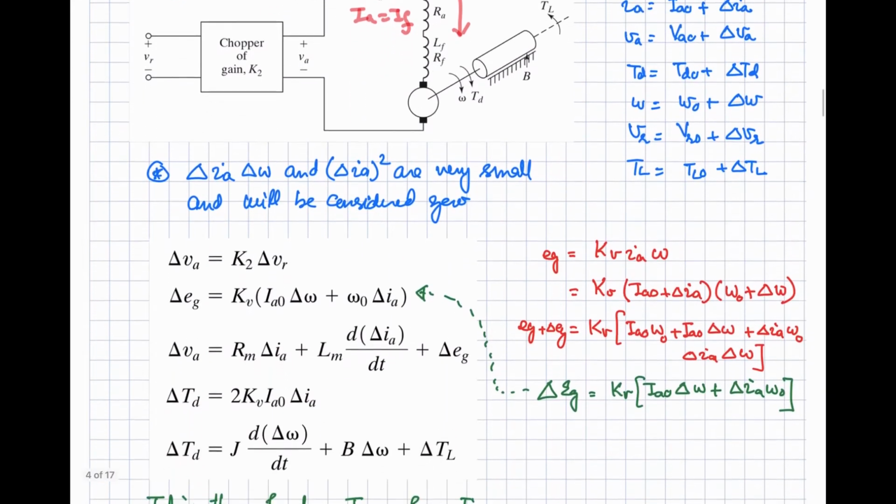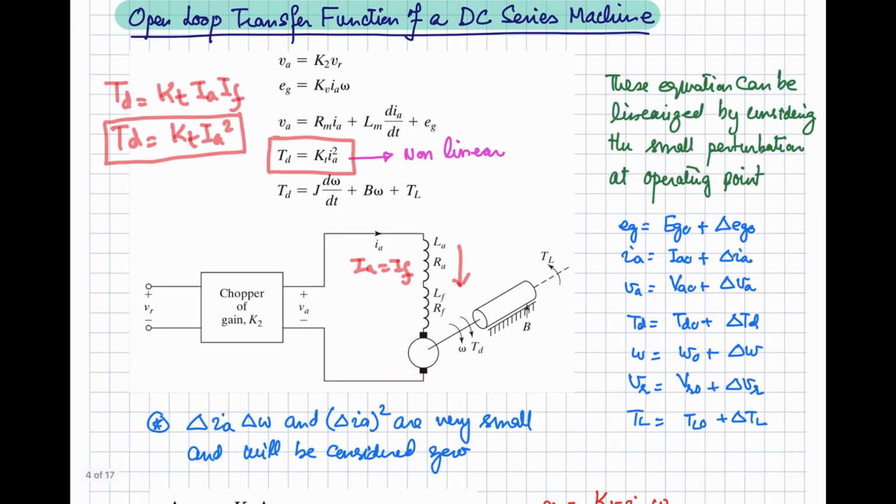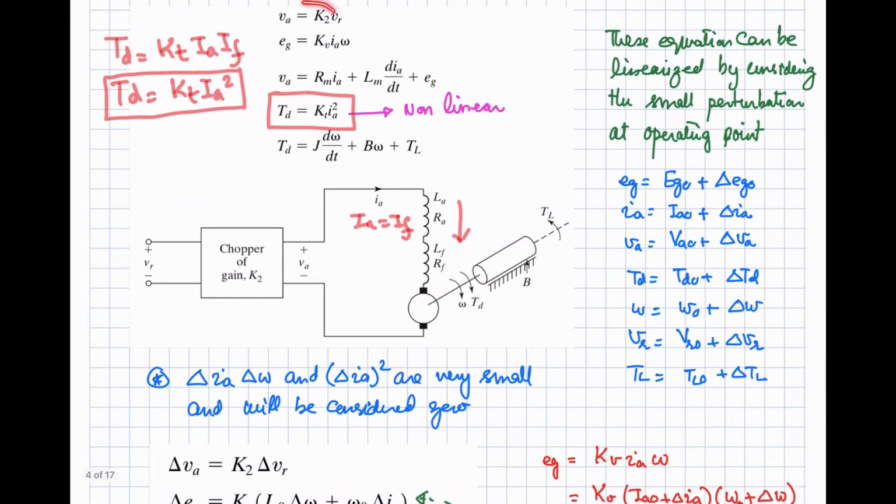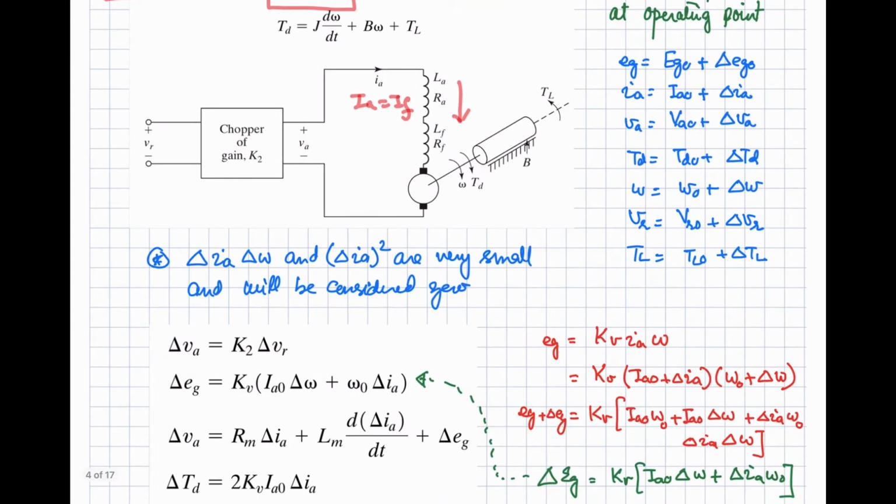Okay, now if we linearize these ones, we can write these equations like this. First of all, just consider that Va is equal to K2 into Vr. So delta Va can be written as K2 into delta Vr. Then linearizing this equation, Eg is equal to Kv into Ia into omega.